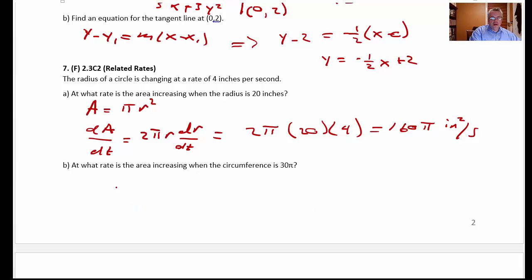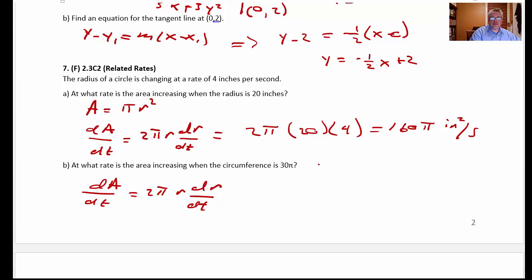Now, another question about dA/dt. What rate is the area increasing when the circumference is 30 pi? So here we have our formula again. Problem is, we know dr/dt, it's still 4, but we don't know r. So we got to figure out r.